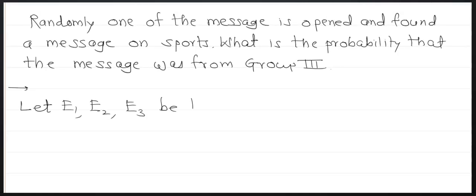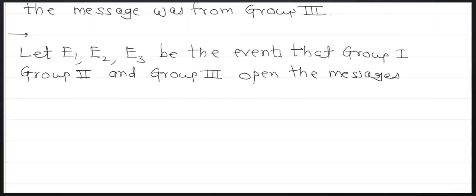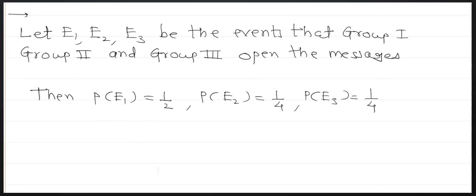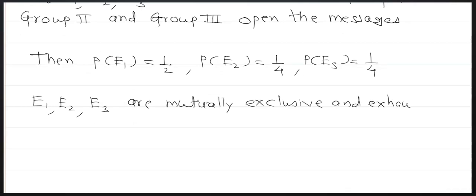Now let E1, E2, E3 be the events that group 1, group 2 and group 3 open the messages. Probability of E1 is equals to 1 upon 2. Probability of E2 is equals to 1 by 3. Probability of E3 is 1 by 4. E1, E2, E3 are mutually exclusive and exhaustive.